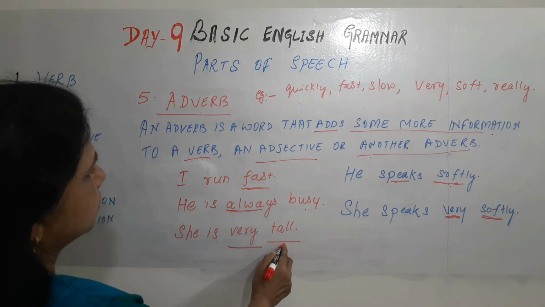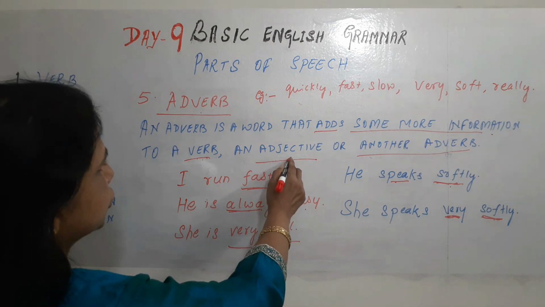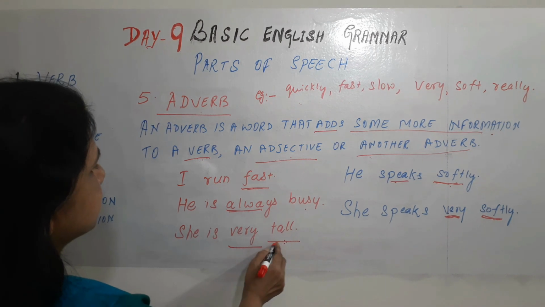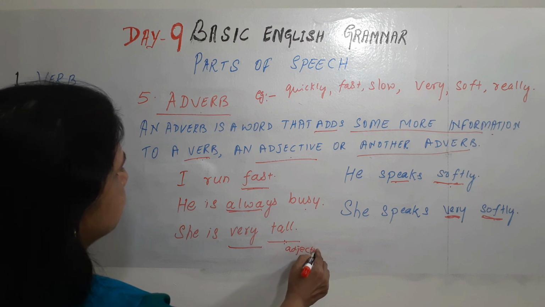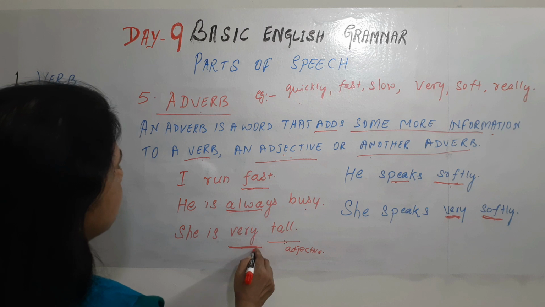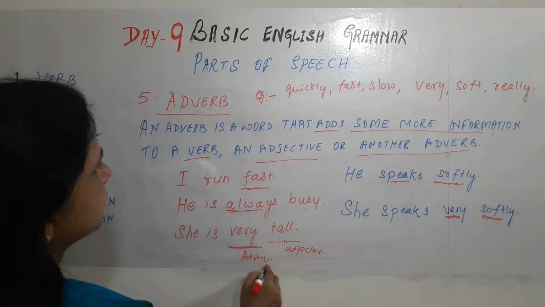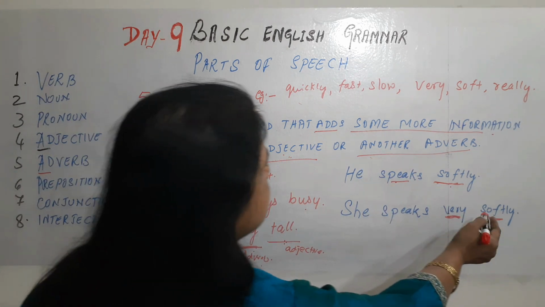She is tall, right? How is she? She is tall, and tall is an adjective. And for this adjective, giving how she is, very tall, this is an adverb. For the adjective as well as another adverb, this is an adverb.